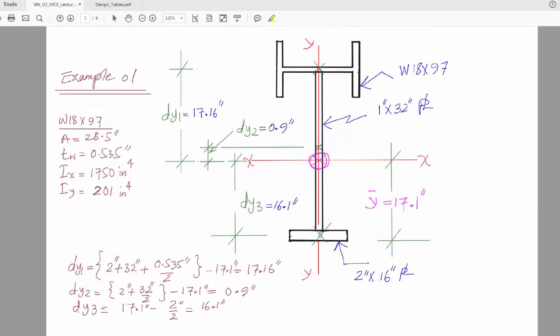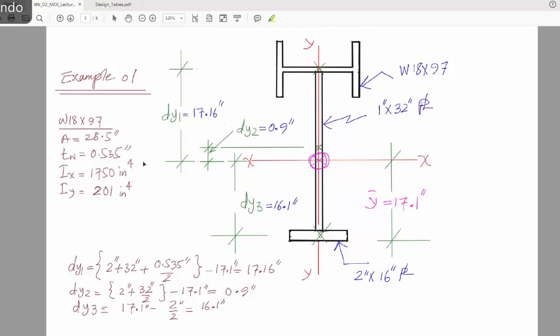Let's work on this example. In this example you have a section, an I-beam which is flipped like that, W18 by 97, and you have a steel plate 1 inch by 32, and you have another steel plate which is 2 by 16. For plates we don't need to go to tables, but for this section we need to go to tables and get these values.